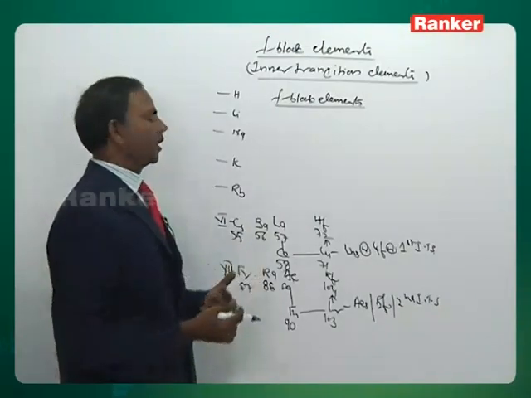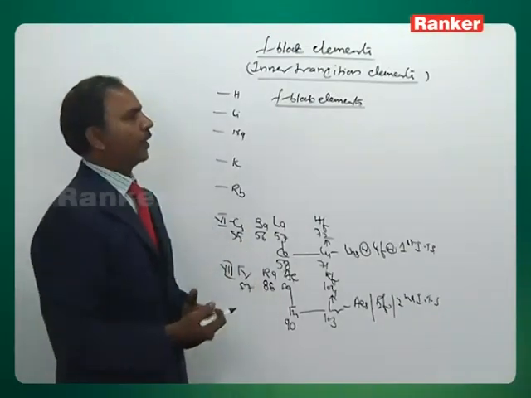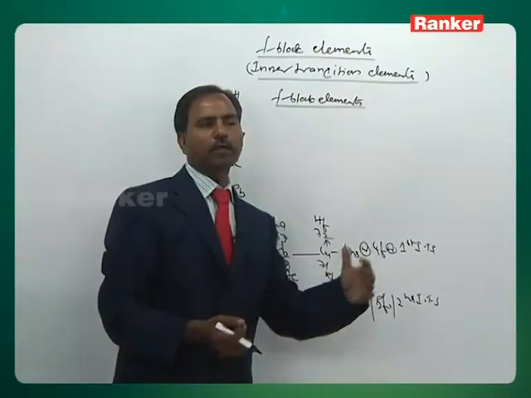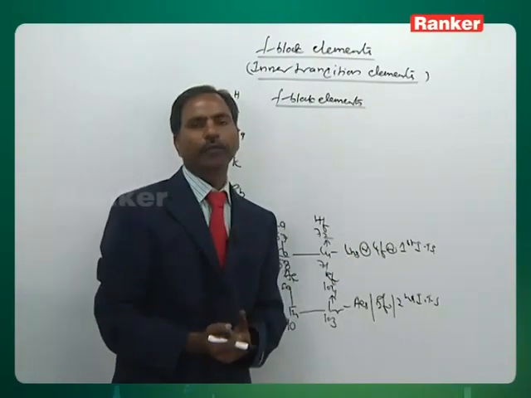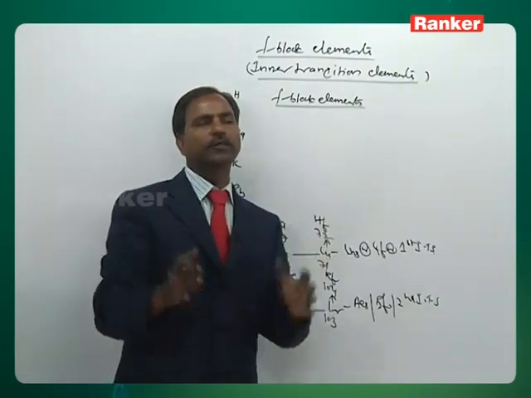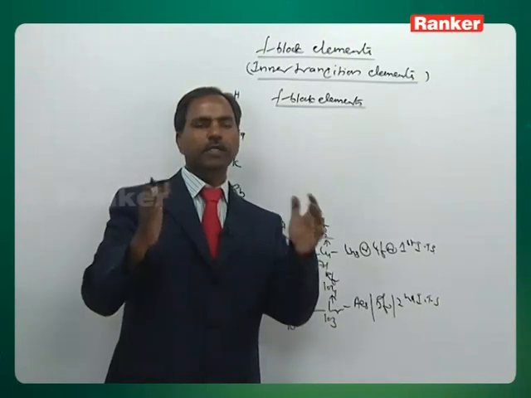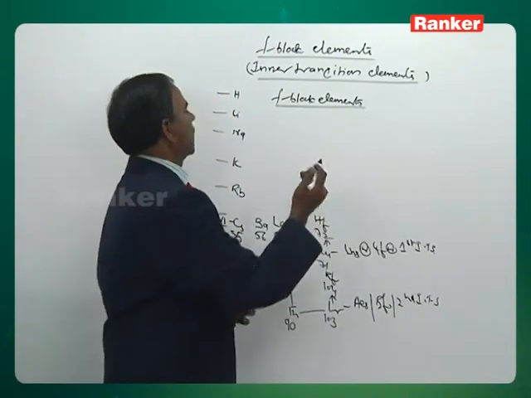Now let me introduce F block elements. We are talking about the 6th period. In the periodic table, each period is a shell. Once you are talking about the 6th period, you have to write 6 shells, the 6th shell in the atomic structure.